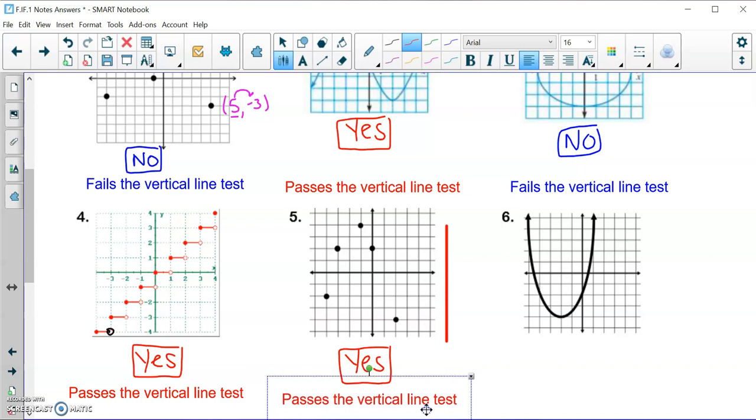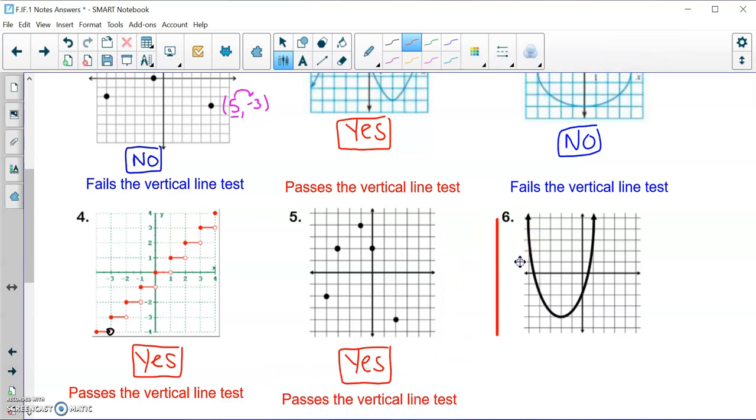So number 6, it looks like that this is a vertical line at this point here, but technically, a U-shaped graph is called a parabola. And parabolas tend to get a little bit skinnier up at the top, meaning it technically is still opening up and widening and not falling in a vertical line.